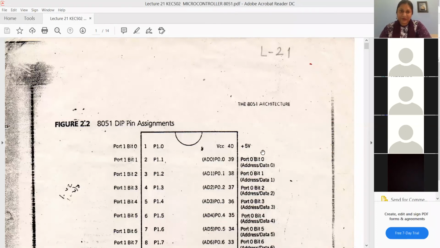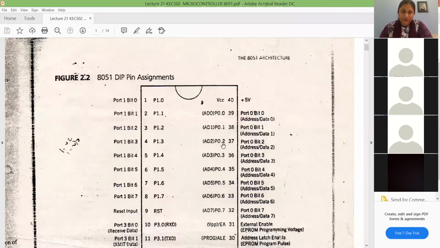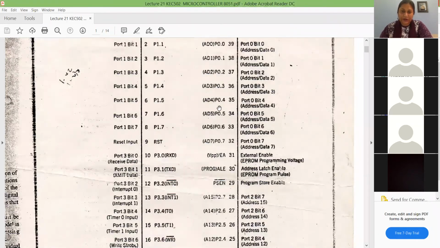Yeah, last time we were talking about introduction and instruction part of it. So we'll just revise what we have done last time and we will proceed further. So we have seen that compared to the 8085 microprocessor, 8051 is having its own ports.